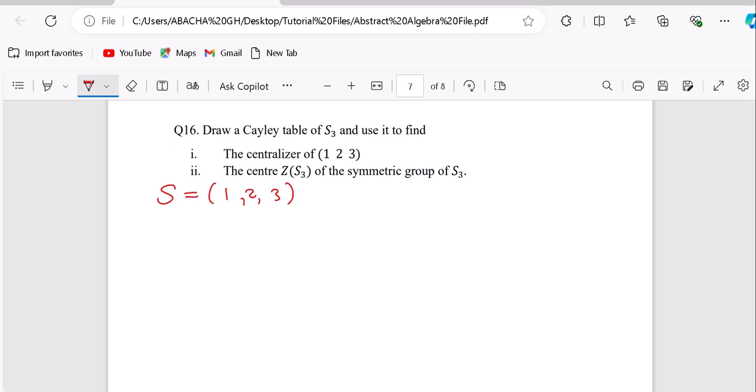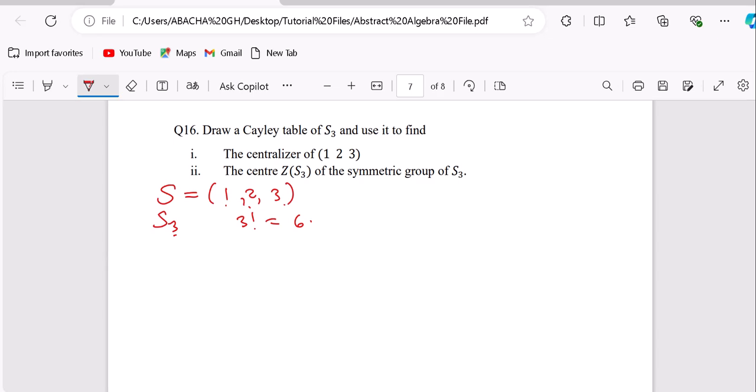Since there are 3 elements, the order will be 3 factorial, and that's 6. So we have 6 elements.